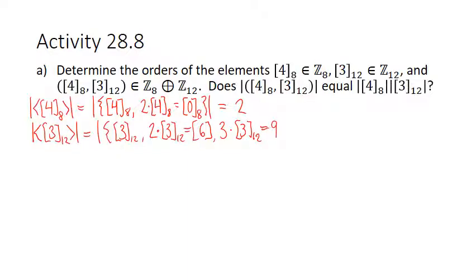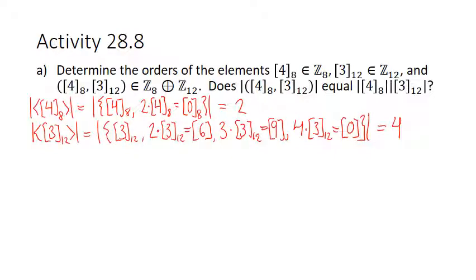We're doing integer multiples here and not powers, because this is an additive group, of course. And then we're going to do 4 times 3. Whenever it's addition, you multiply by integers instead of raising to integers. And that is going to be 0, so we can stop there. And so the order is going to be 4.